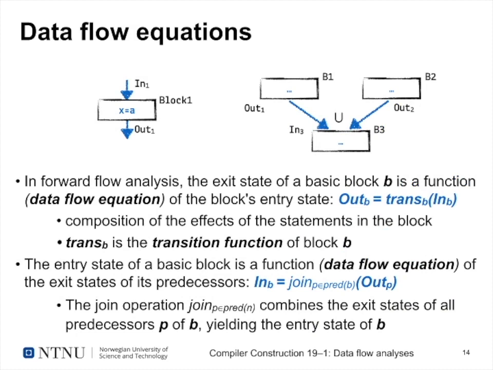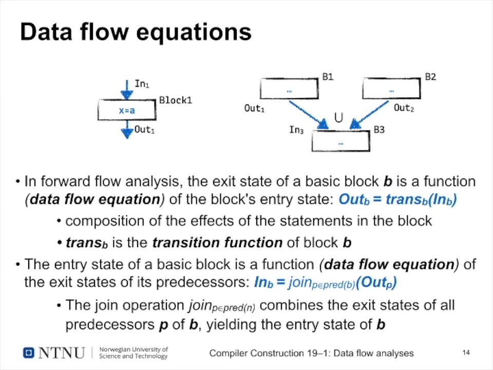In forward flow analysis, we have interesting things. We have the exit state of a basic block B, which we call out B, and this is a function of what's happening inside our basic block, like this assignment here. So out B is trans B of in B, where trans B is the transition function depending on the code contained in our block.